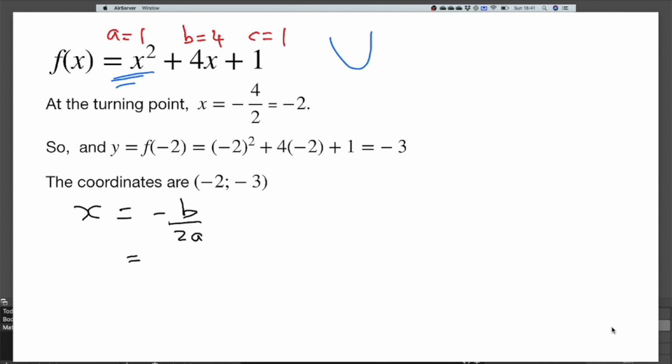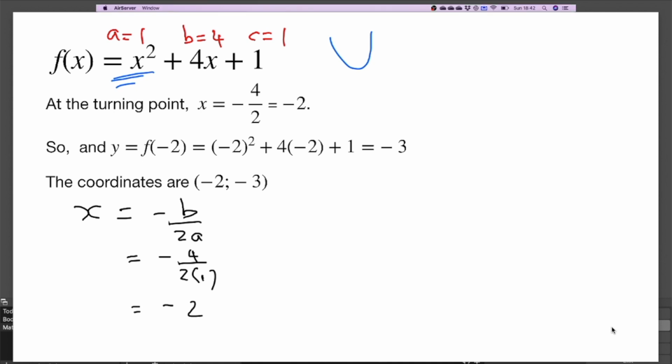So we substitute b and a into this. We should get a negative 4 over 2 multiplied by 1, which will give us minus 2. So at the turning point, the x coordinate is minus 2.